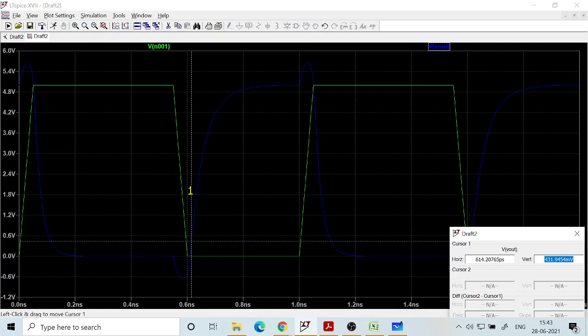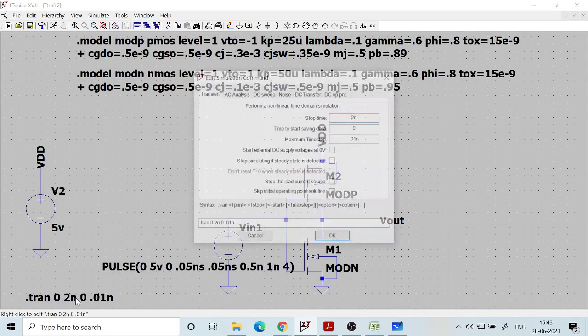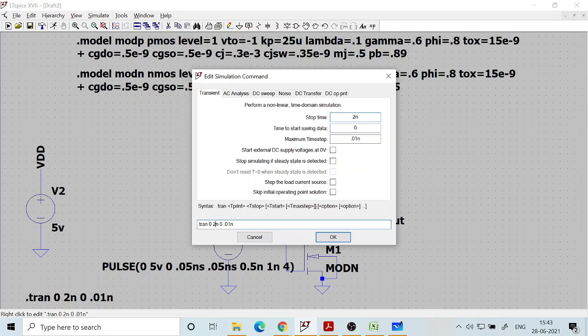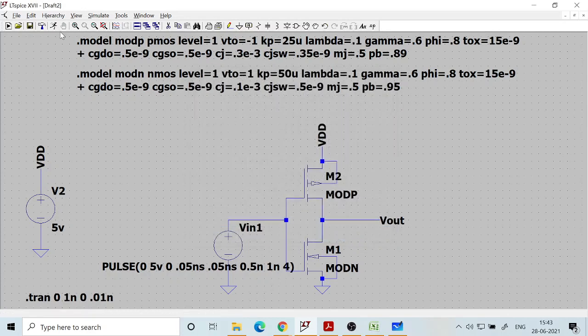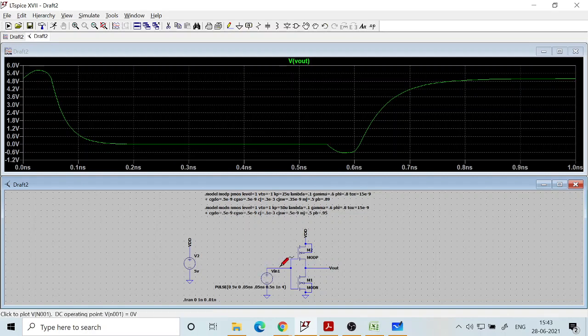Okay, so another thing. Let's plot then one cycle. Nanosecond.